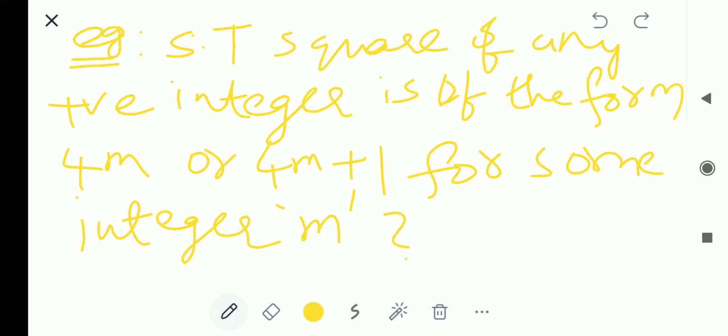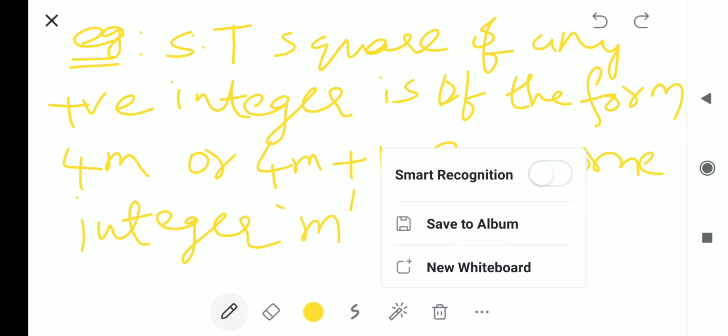This is the problem we need to prove. Show that square of any positive integer is of the form 4m or 4m plus 1 for some integer m.